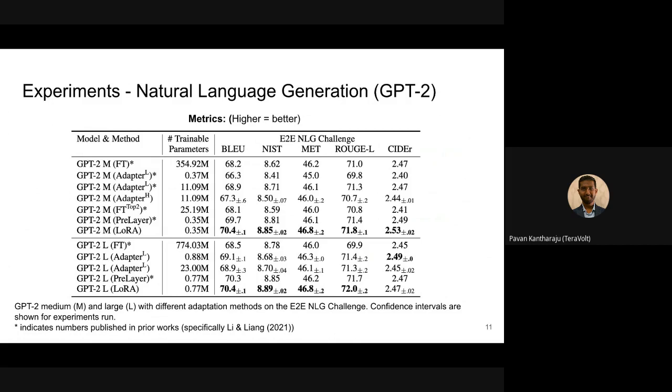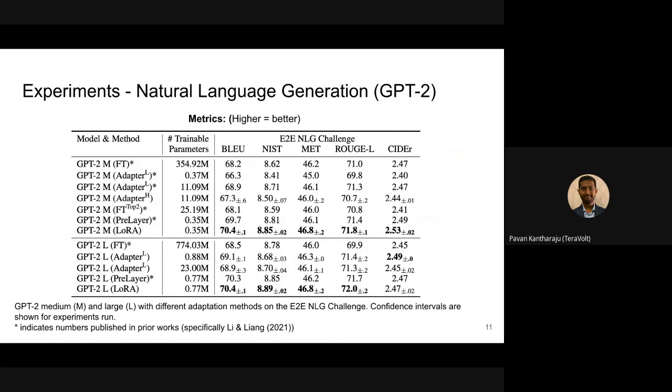Here again, they take GPT-2 and they use the different baseline tuning methods over GPT-2. The task data set they use is the E2E NLG challenge, which is the end-to-end natural language generation challenge. And what they see here is that this is where LoRA actually performs much better over the baselines.